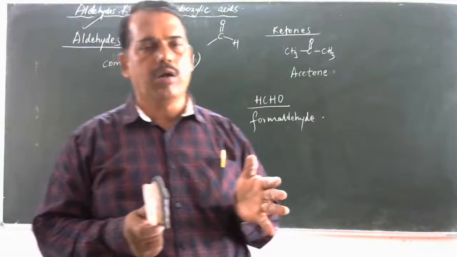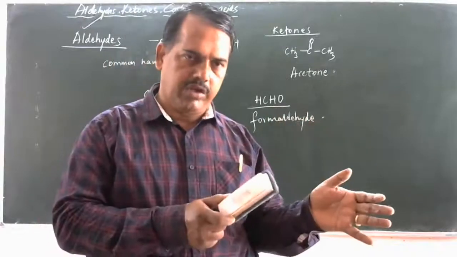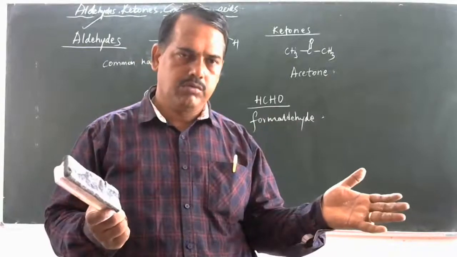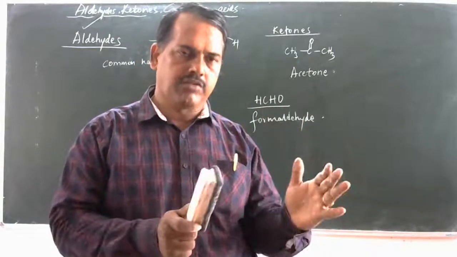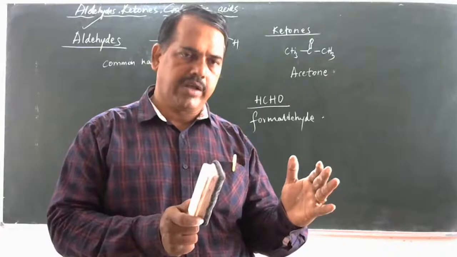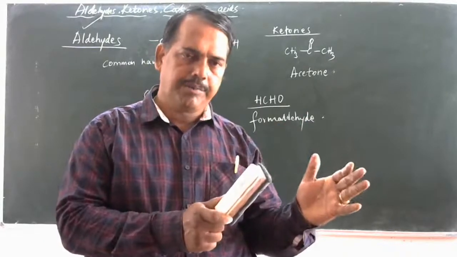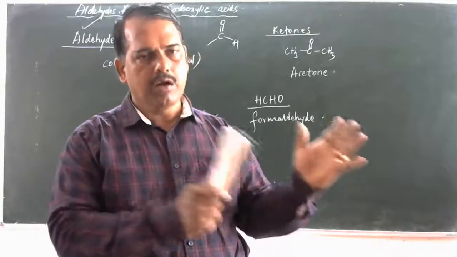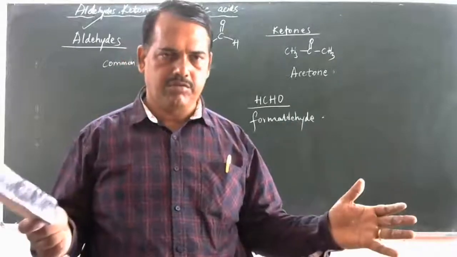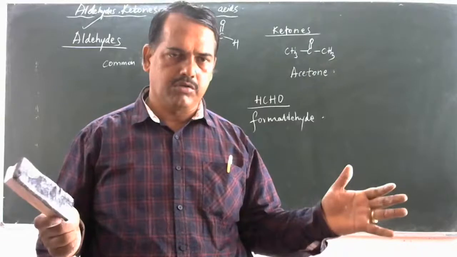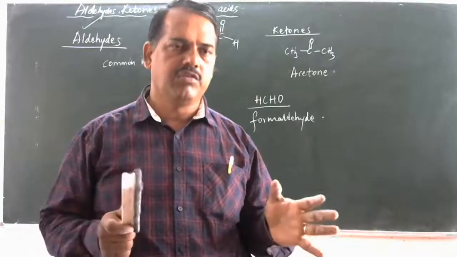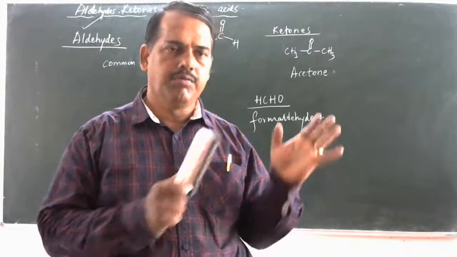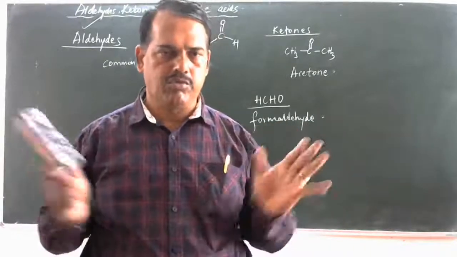And if you go for the ketones, the carbon atoms adjacent to the carbonyl functional group are represented as alpha, alpha dash, beta, beta dash, and gamma, gamma dash. Like that it continues. Are you clear? So this is the common name of aldehydes and ketones.